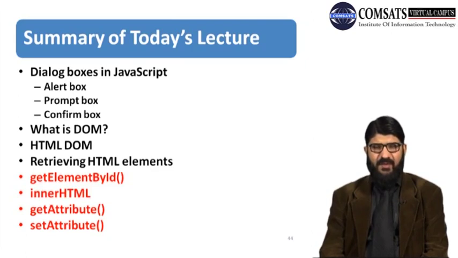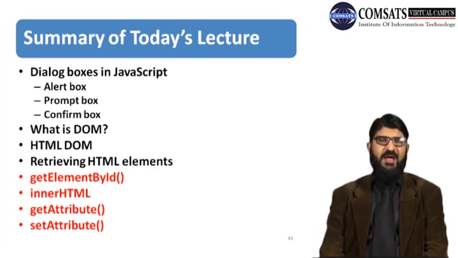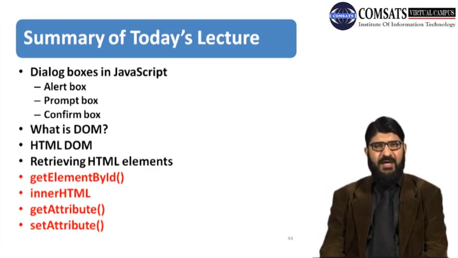The alert box is shown to the user when we only want to display some information to the user. And the alert box will appear with only one option, that is the OK option. The OK option means that the user is reading the content and pressing the OK button. We have seen the code for the alert box as well.